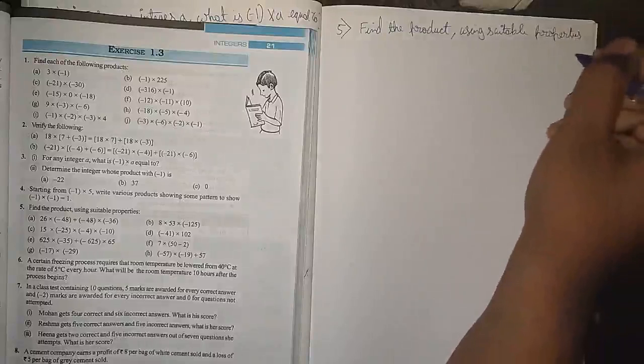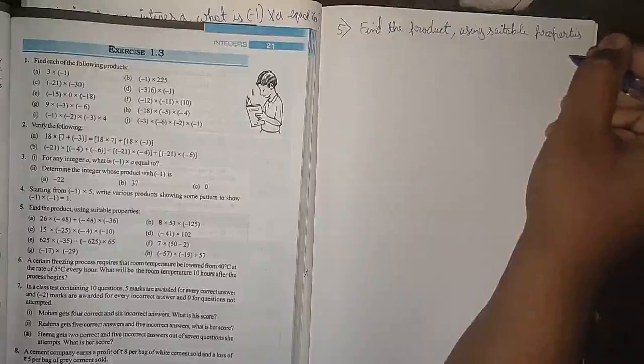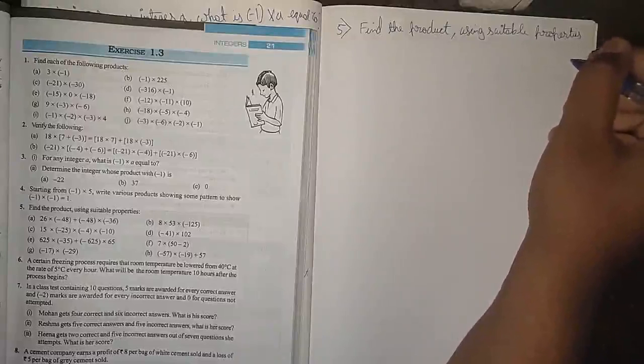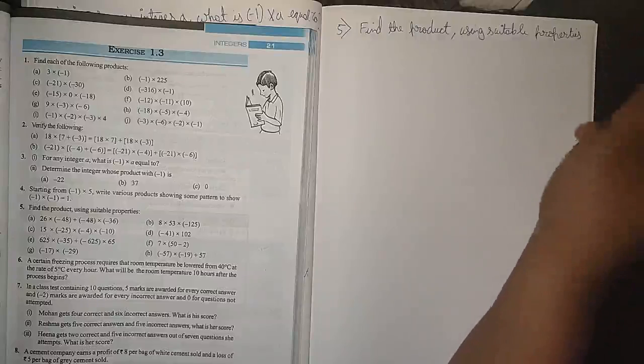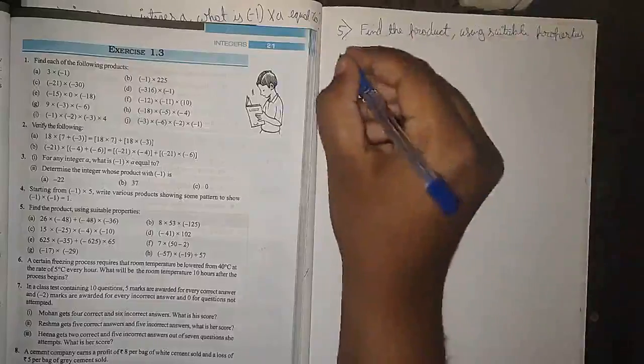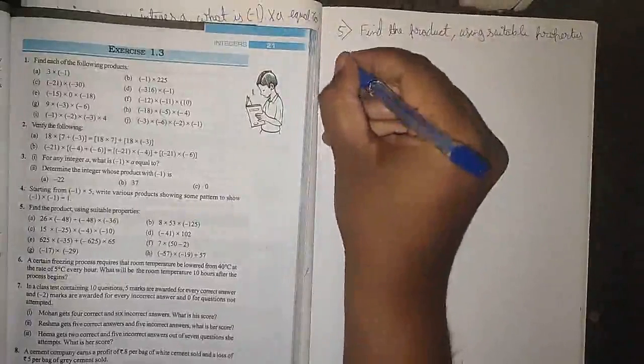Which are the properties? Closure property, commutative property, associative property, distributive property, then identity property of multiplication, inverse of multiplication. All this you have learnt under properties of multiplication. So using these properties, I should find the product. Direct multiplication you should not do. You should use the properties and then do the multiplication.